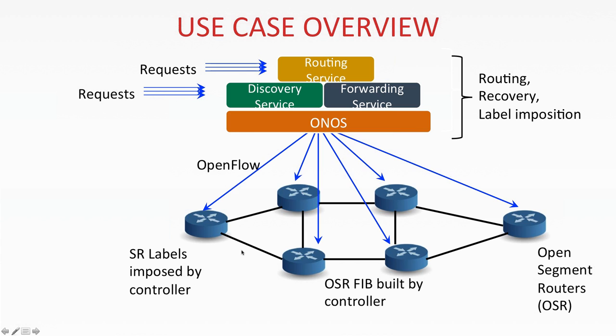For the benefit of those who are new to this use case, I'll quickly provide an overview. The main goal of this use case is to demonstrate SDN-based control of a wide area network using segment routing principles. Segment routing is a relatively new technology being standardized in the IETF SPRING working group, where SPRING stands for Source Packet Routing in Networking.